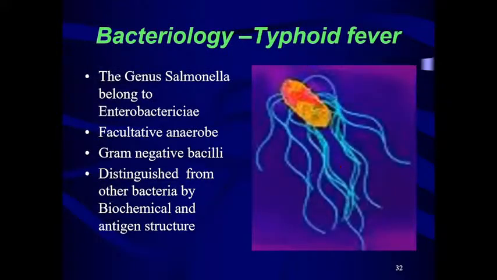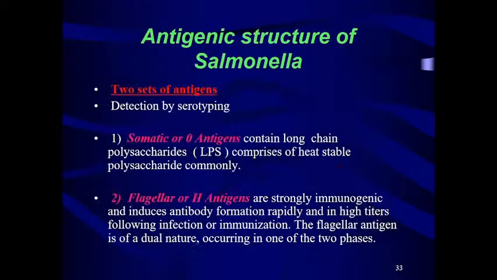The bacteriology, this you know better. The genus Salmonella belongs to Enterobacteriaceae. They are facultative anaerobes, gram-negative bacilli, and they are distinguished from other bacteria by biochemical tests and antigens. The bacteria has two sets of antigens. We can detect this through serotyping.